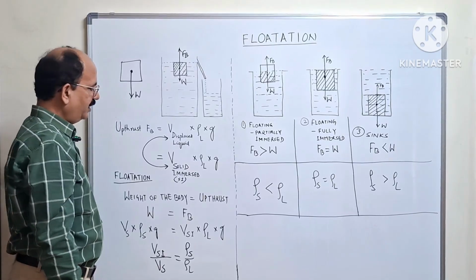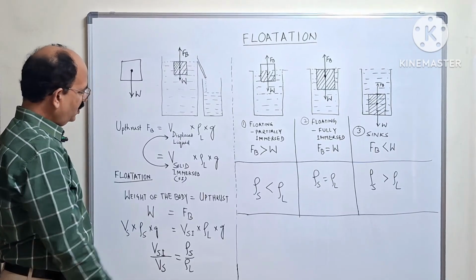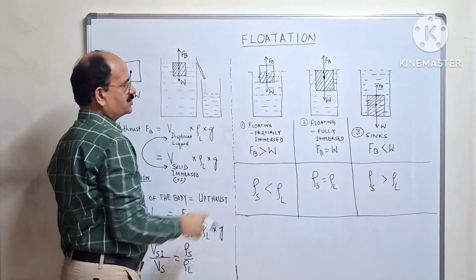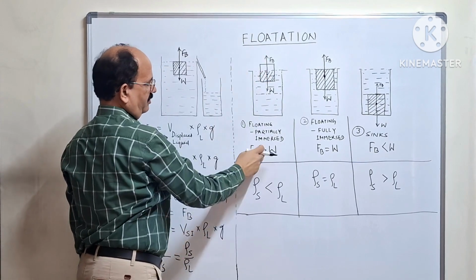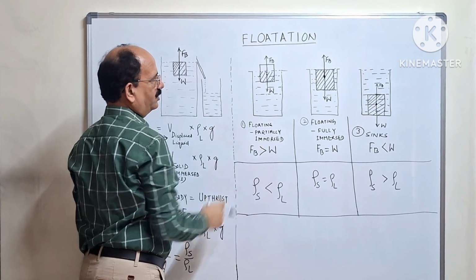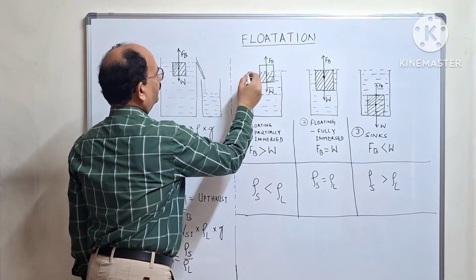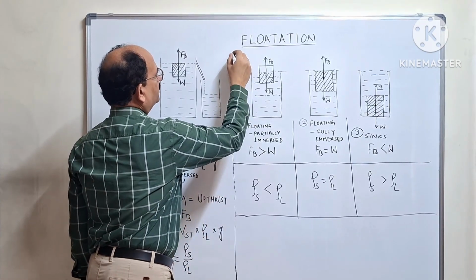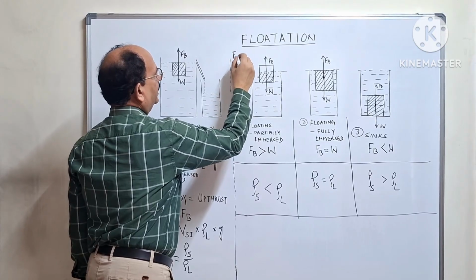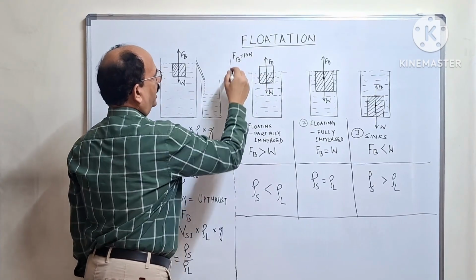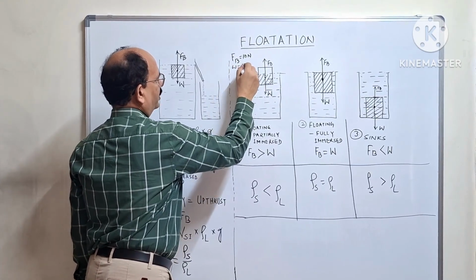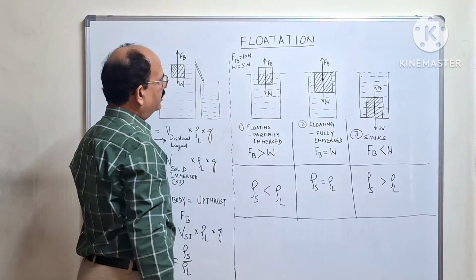Okay, now let's look at these three situations. If the upthrust is greater than the weight of the body, suppose upthrust is 10 Newton in upward direction and weight is, say, 5 Newton, okay, then what do you expect?